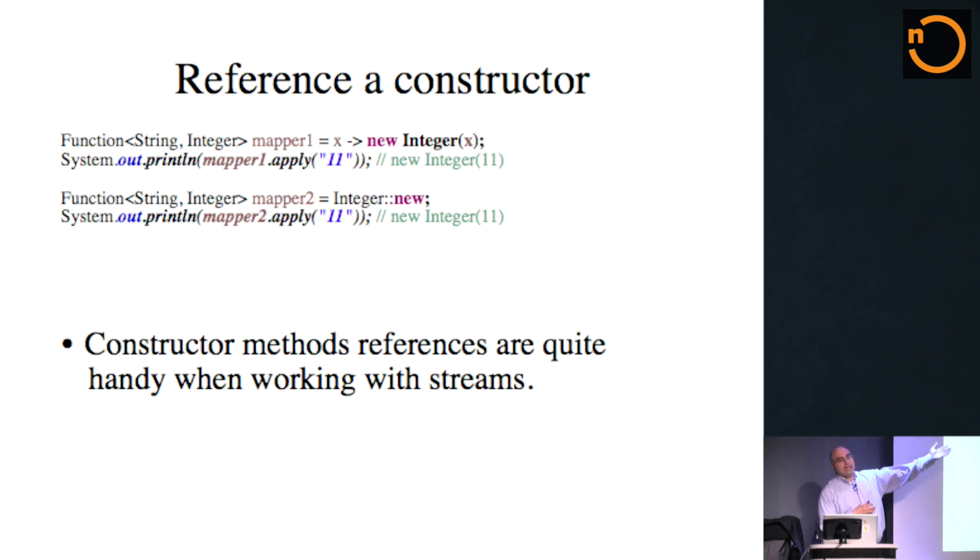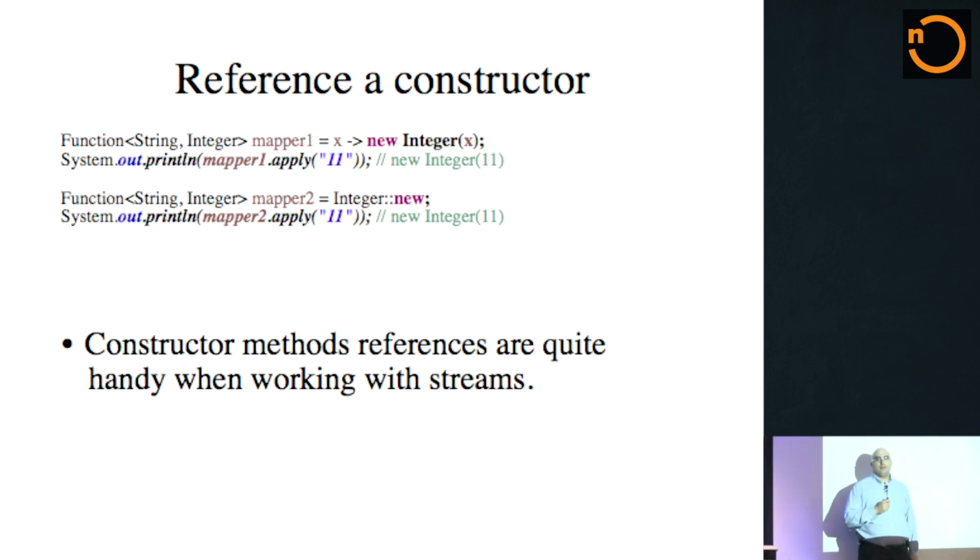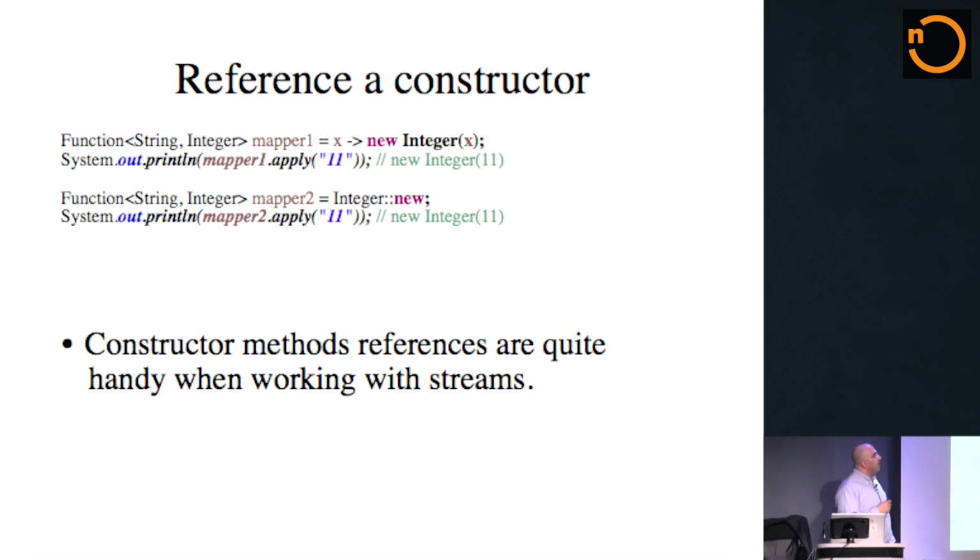So you could write it that way, but you could also write it this way. You could say Integer::new. And what that's saying is that we would like you to create a function. This is what you tell the compiler: Mr. Compiler, please create me a function which has a method, and that method is going to take a string and return an integer.